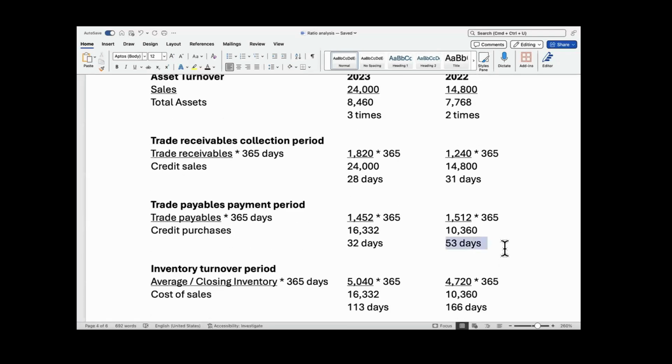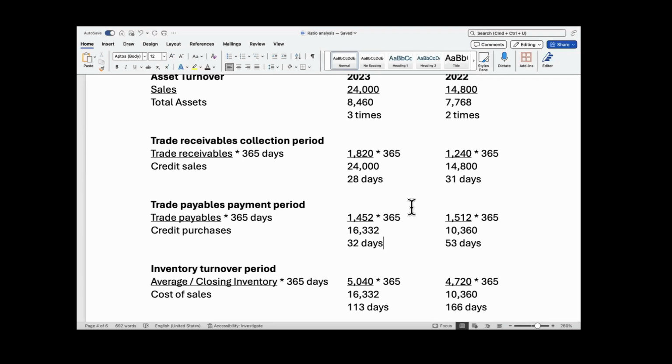This payables period, 53 days, 32 days, what can we attribute this one to? I can't say this one is bad, because when you're paying your suppliers early, it's something that is good for you. But I know from the information given in this question that this entity is facing a liquidity issue. They need money, even though they are doing well.